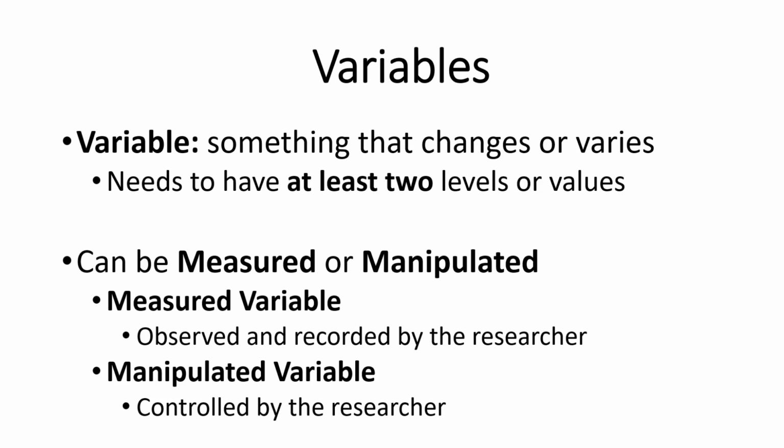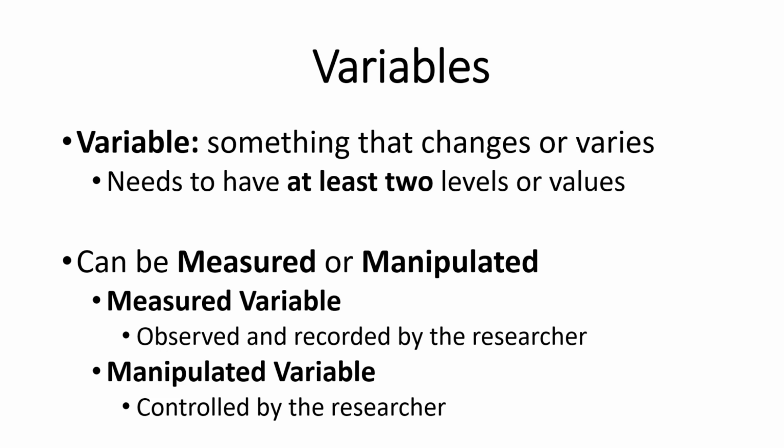Our other variable is a manipulated variable, something that is controlled or manipulated by our researcher. So if a researcher is in control of a variable, usually this means that you're assigning a participant to a level of the variable. And if you're familiar with how we set up experiments, that would be, say, assigning someone to a condition.